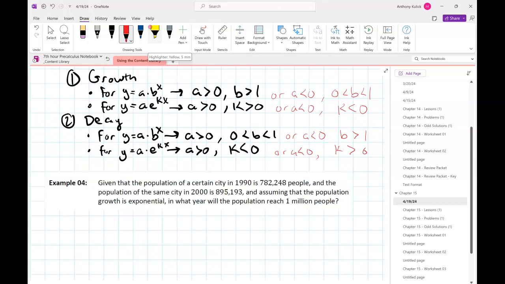So this kind of problem is a two-step problem. The first step is we have to write some equation, a times b to the x. I know I want an exponential equation because it tells me that the growth is exponential. Everybody's okay?